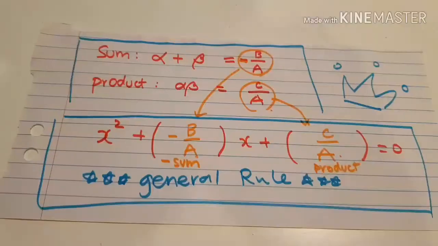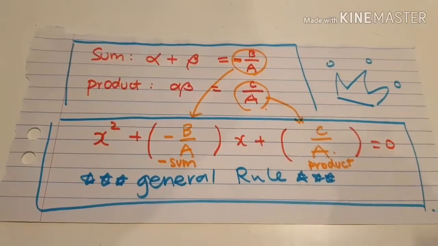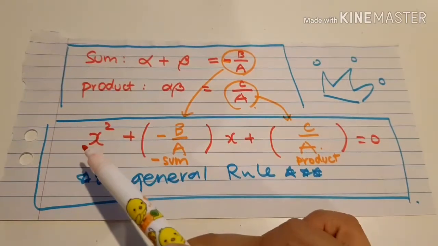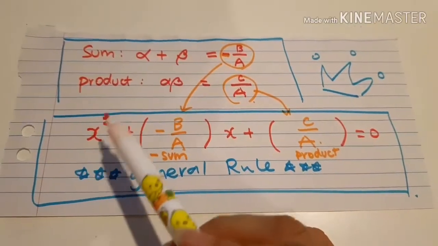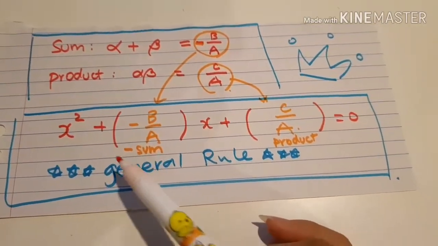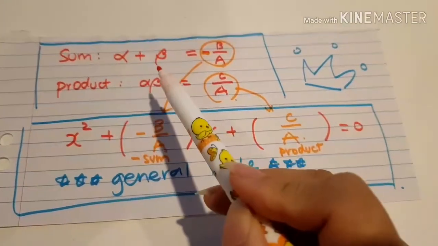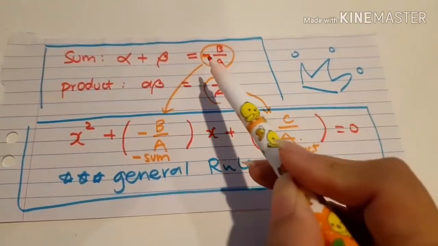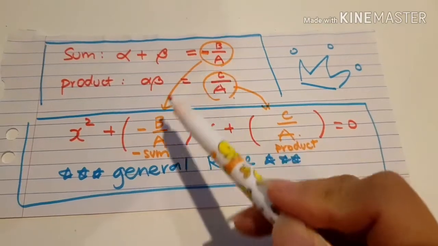Okay, so coming back to the rule, the general rule is x squared, that has to be 1 always, plus you add the roots, manually put a negative, and put it there.